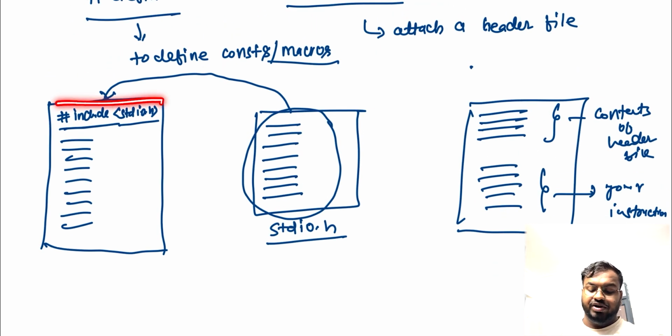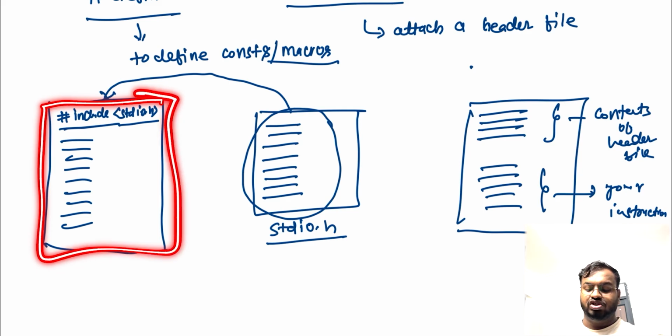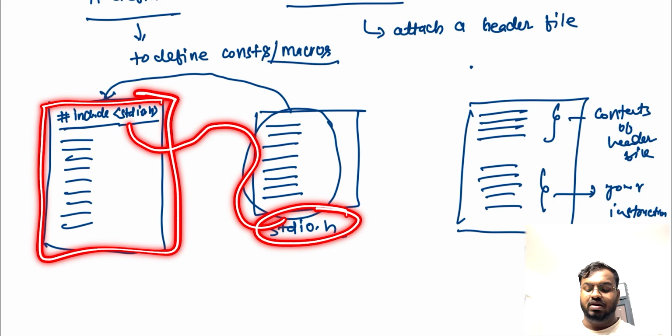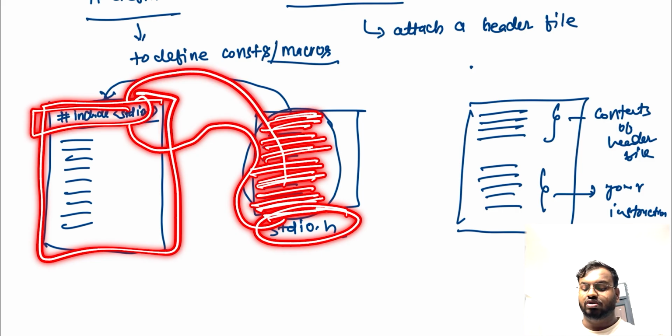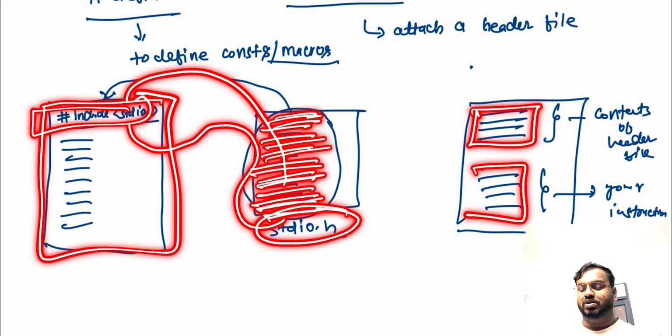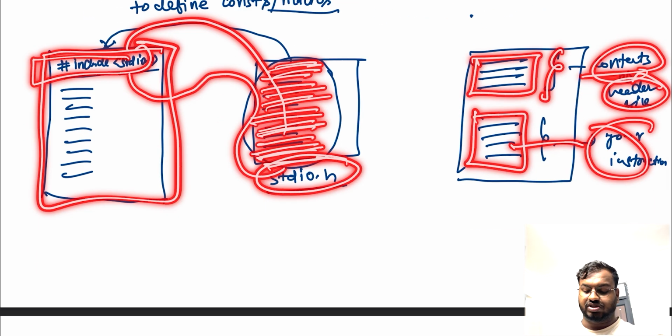Now how does it change your program? Let's suppose this is your program and you are attaching the stdio.h header file. The preprocessor will copy all the instructions of this header file and paste them over here, so that now your program looks like this. First it contains the contents of the header file, then your instructions.